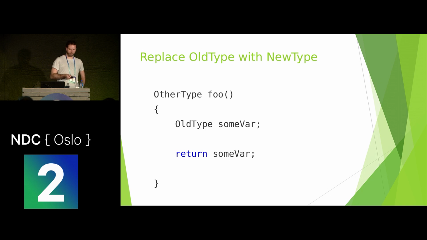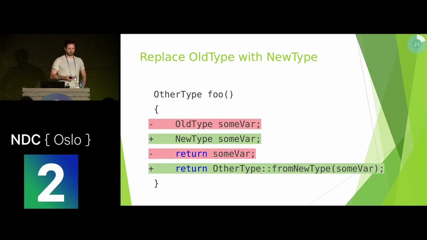I'm now returning other type, and I need to do some conversion, in this case a static constructor, in order to make the code work with this new type. So again, there's just stuff that we need to insert, and it's not even as simple as the last time either, because now we have to insert code before and after the sum var in that return statement. So it's not just appending.